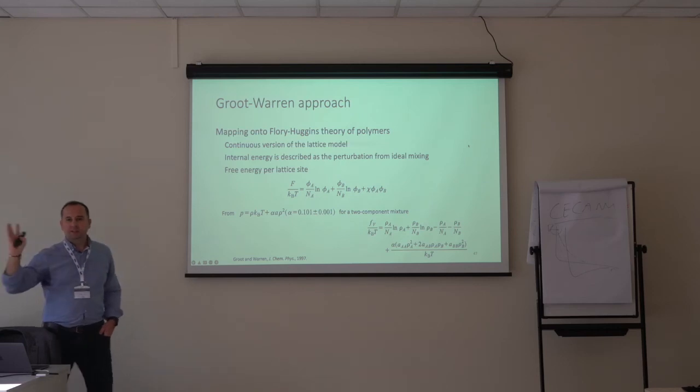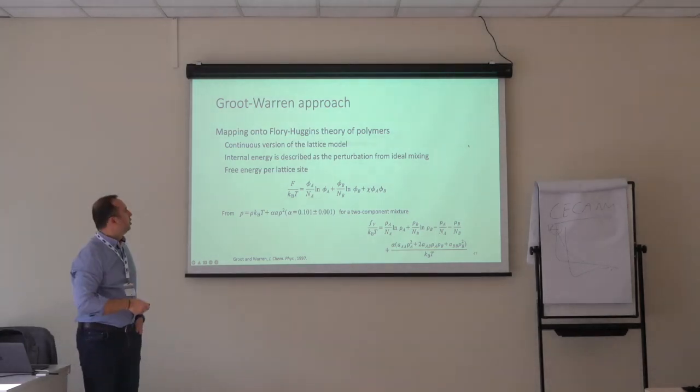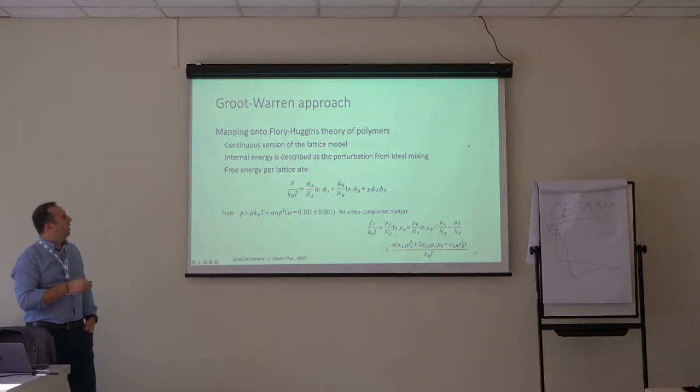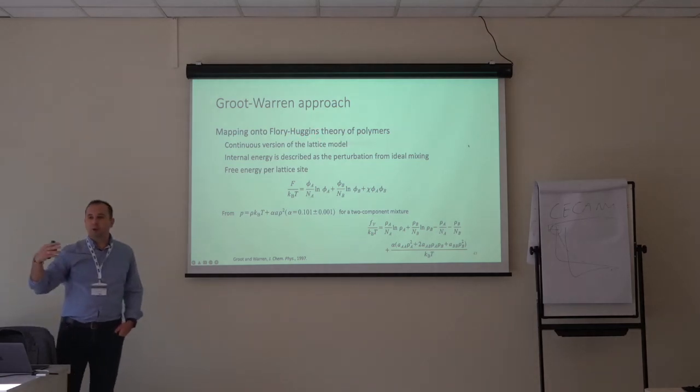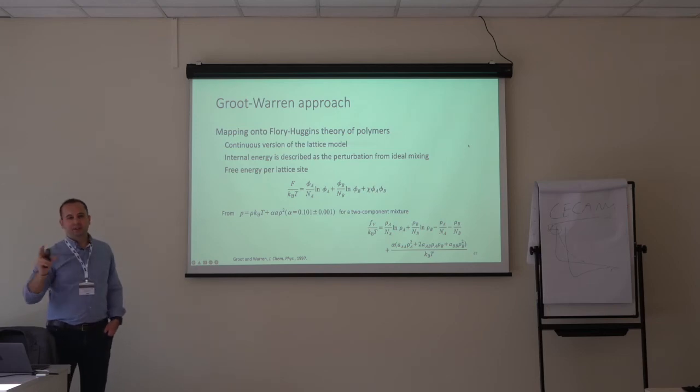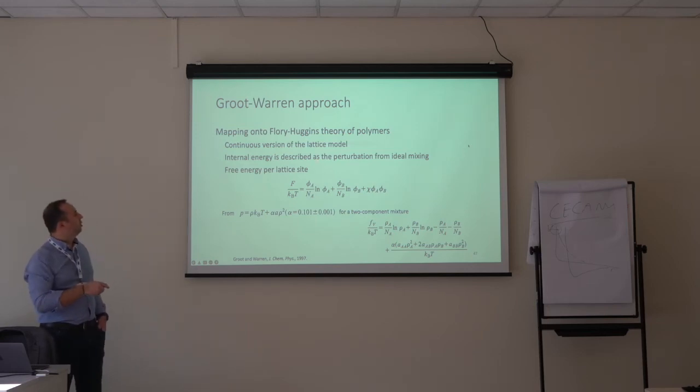That is more or less a similar idea to what DPD has. So they already have the mathematical formulation, sorry, this was the continuous version of the lattice model, but at least you can represent your oligomer from similar monomers. So that is why they are interested in the Flory-Huggins representation.